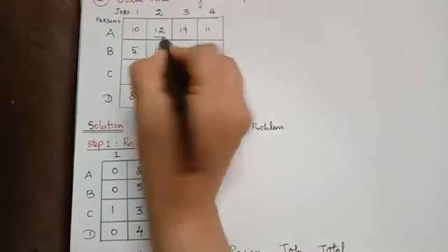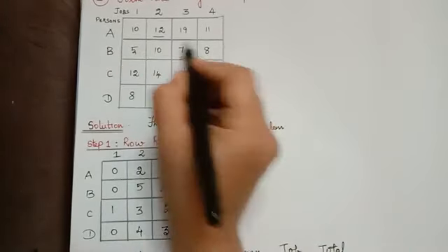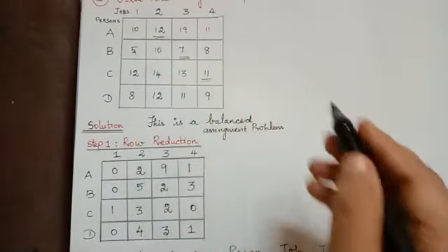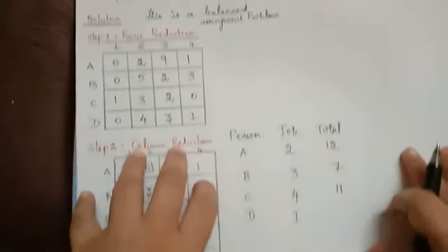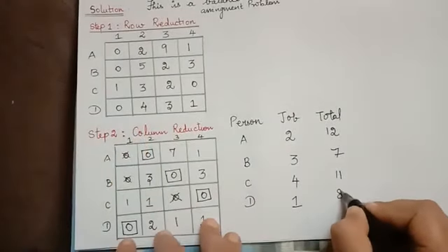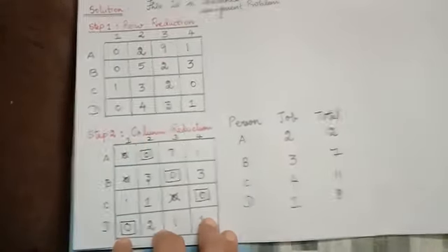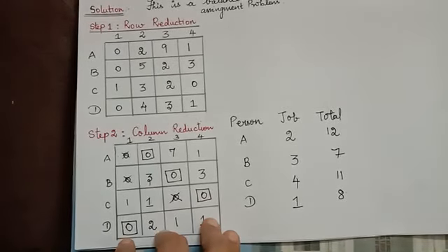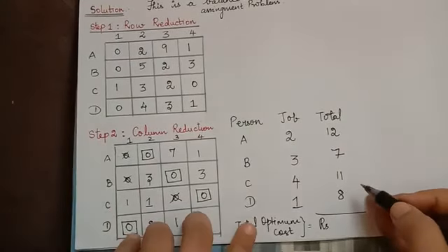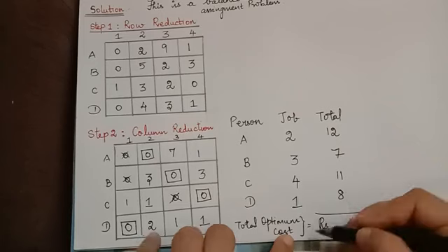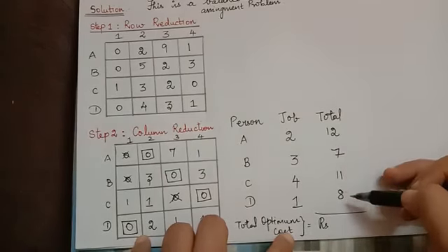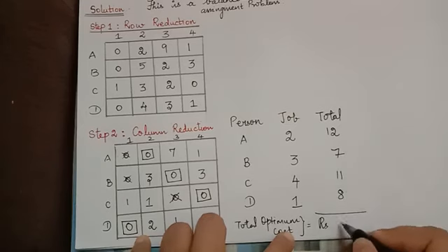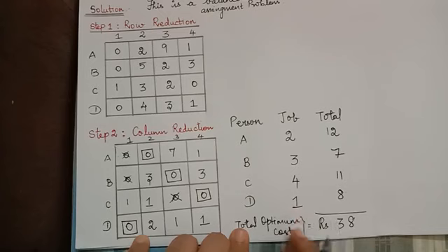So here it is 12, here it is 7, then here it is 11, and the last one is 8. So the total minimum cost, you have to add all these and find. When we add all this, we get rupees 38 as the total optimum cost.